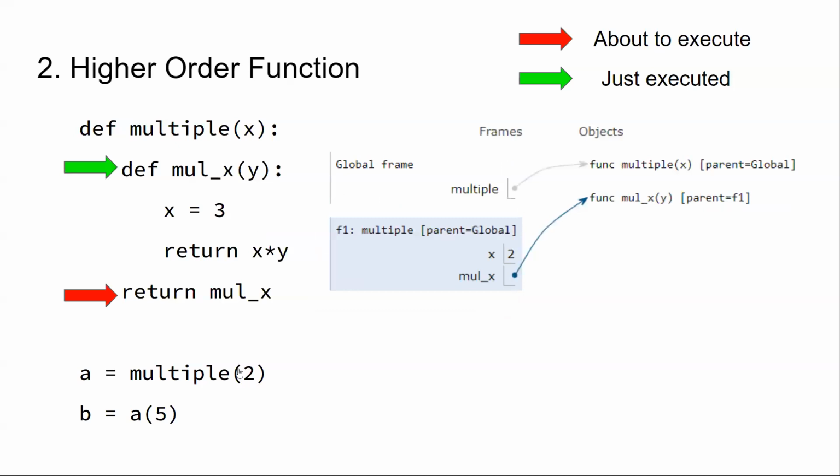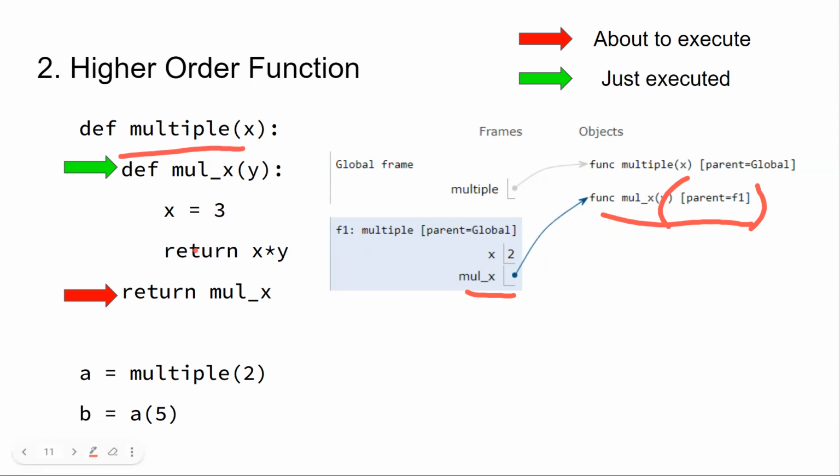We recognize this is the function mul x, and its parent frame is global. Oh, sorry, it's f1, because it's defined in this function, so the parent frame should be the frame created by the outer function, which is multiple.